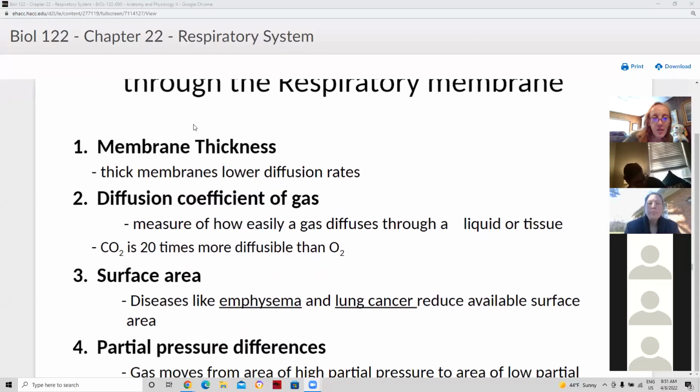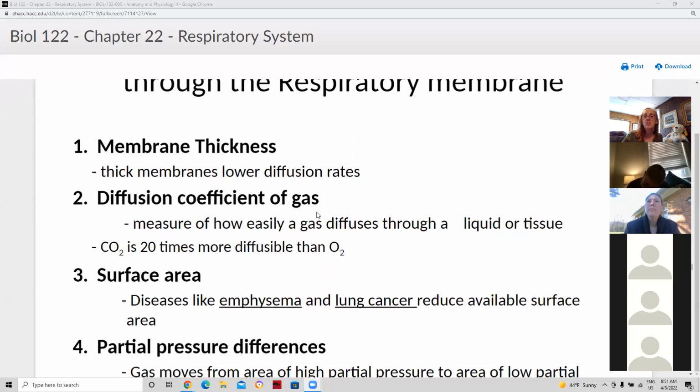It'll be more difficult. So when we're looking at membrane thickness, thicker membranes are going to result in lower diffusion rates.